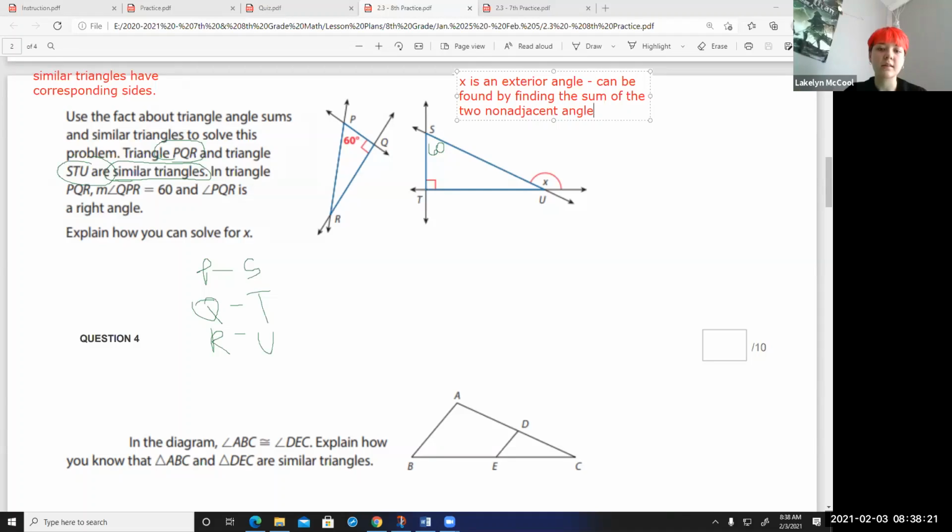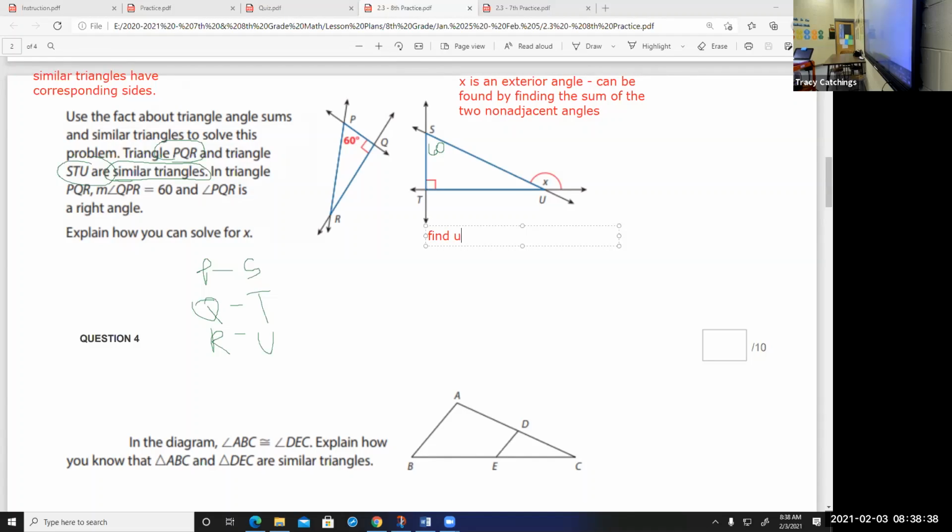First, find U and then take 180 and subtract the U. Okay, that's one way, Lakeland. So we can find U by what we know about triangles. I'll put that there. Find U by adding your 60 plus your 90, and that'll give us what?